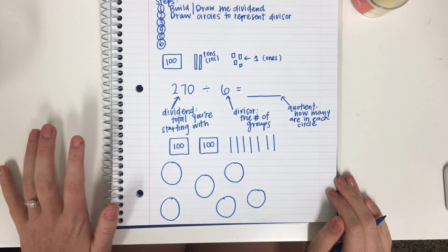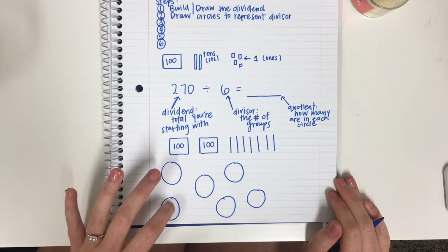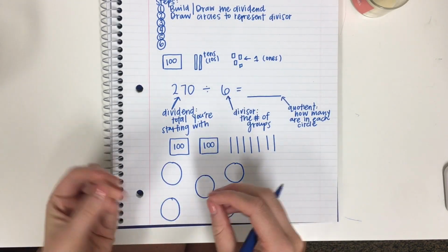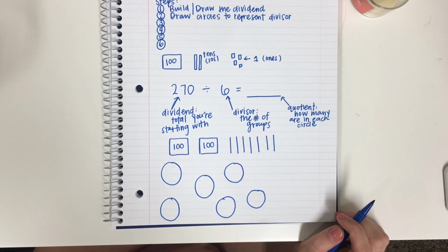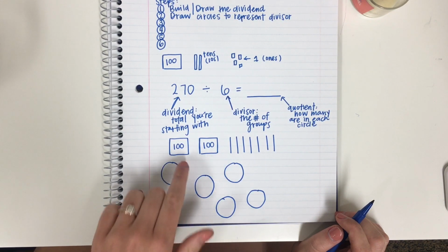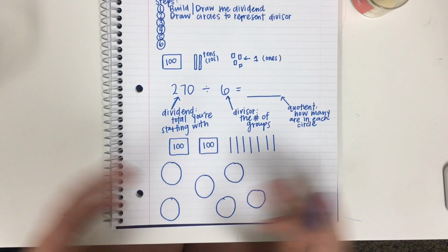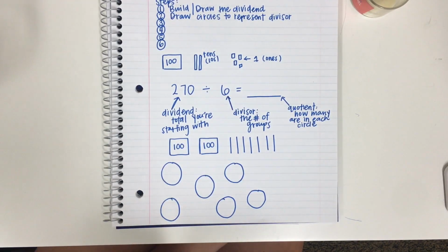Now, with division, you need to put an equal number of digits or numbers or blocks in this case into each circle. So I can't break up my 270 equally because there's not enough hundreds. I could do 100 here, 100 here, and then what? I can't really break it up evenly. So what you have to do is unbundle.